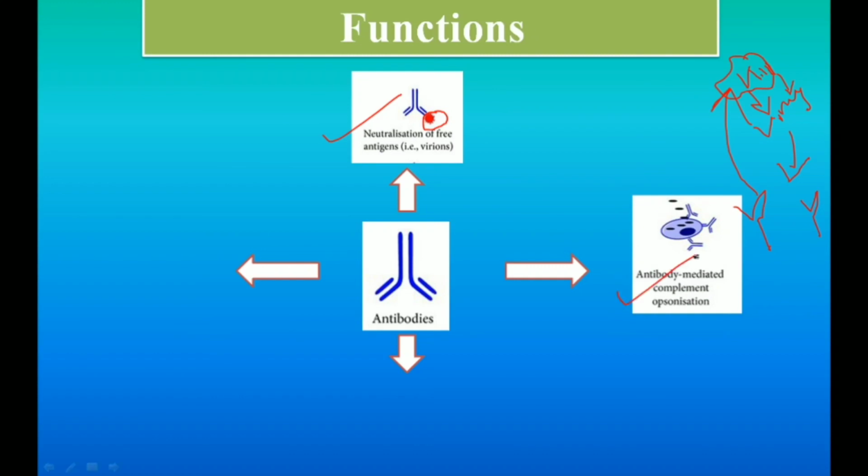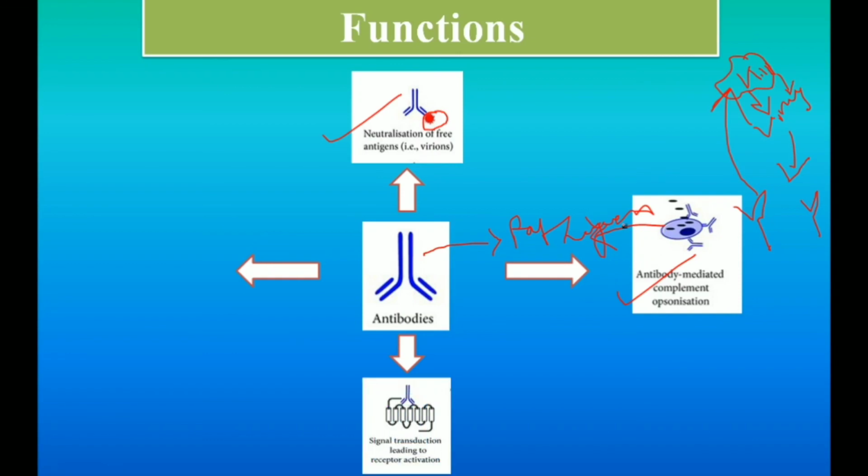Opsonization means whenever a whole body of the pathogen takes entry into our body, the pathogen will be coated by the antibody, so that the phagocytic cells will find it easy to engulf the pathogen and kill it.